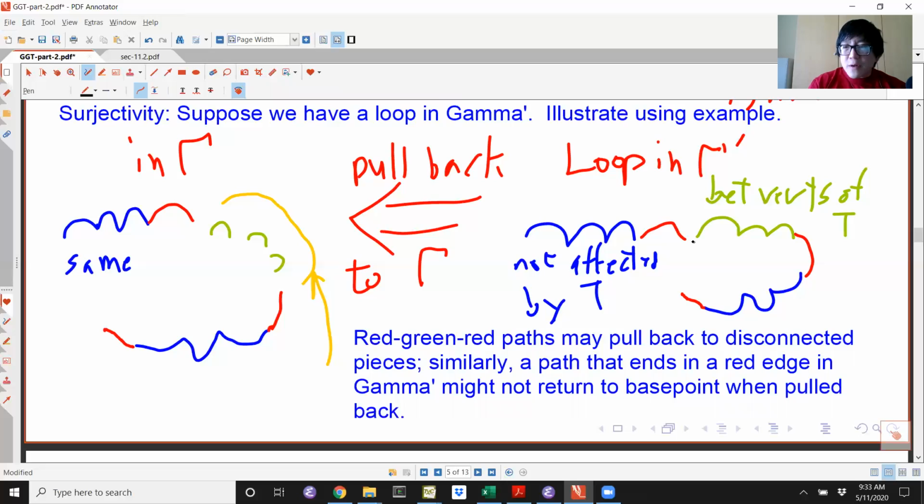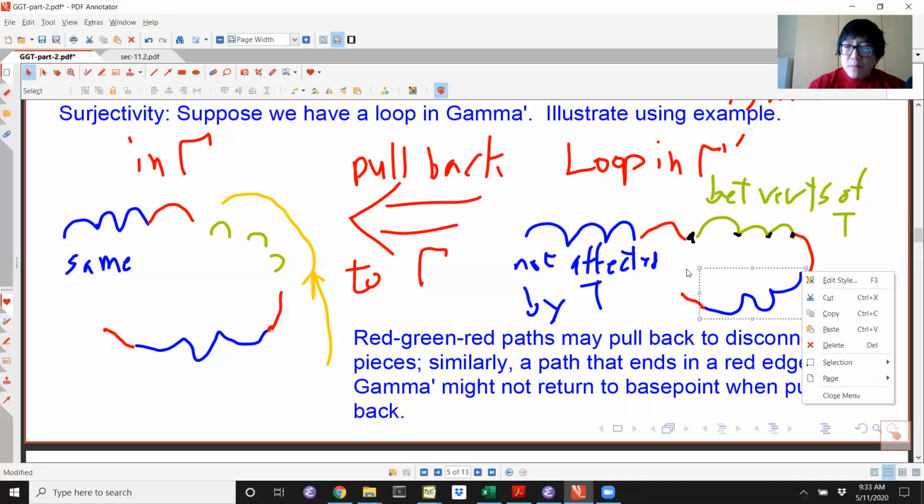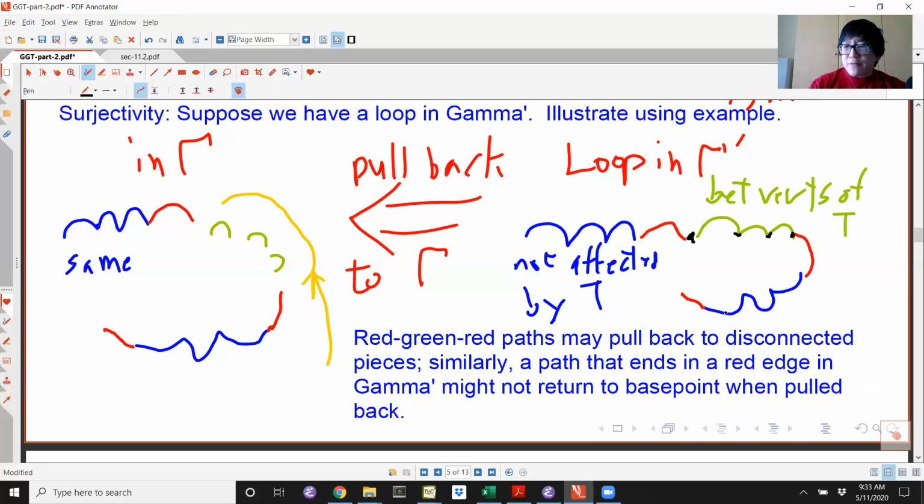Whenever you have these red and green edges, remember, green edges have both their endpoints in that collapsed T, and any green edge, or possibly one end of any red edge, must have a vertex that is in the image of T.